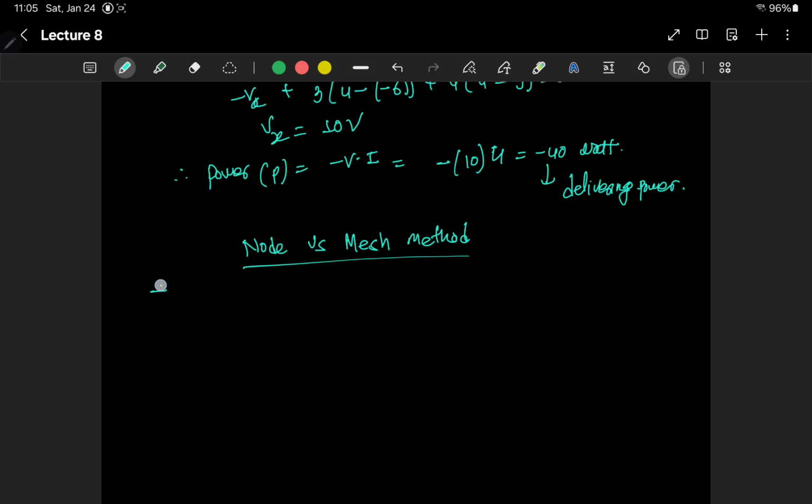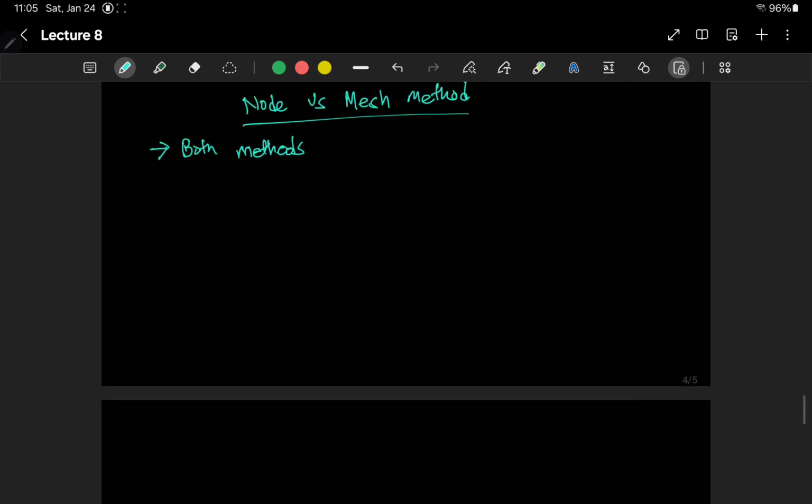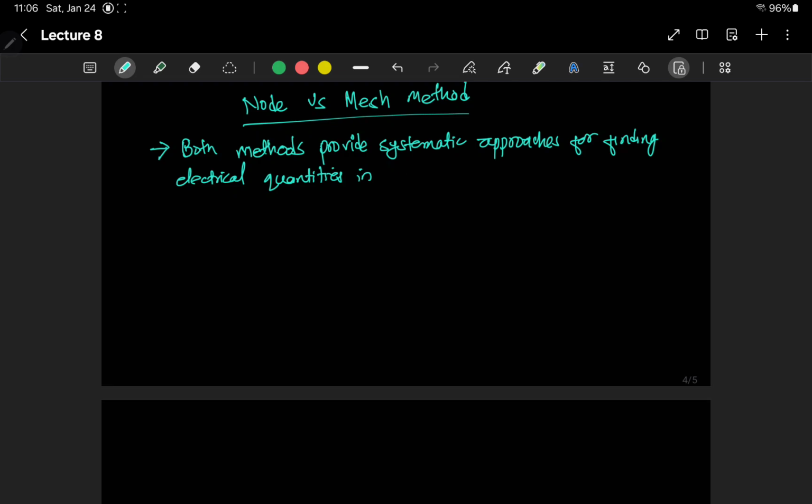Both methods provide a systematic approach for finding electrical quantities in complex circuits.